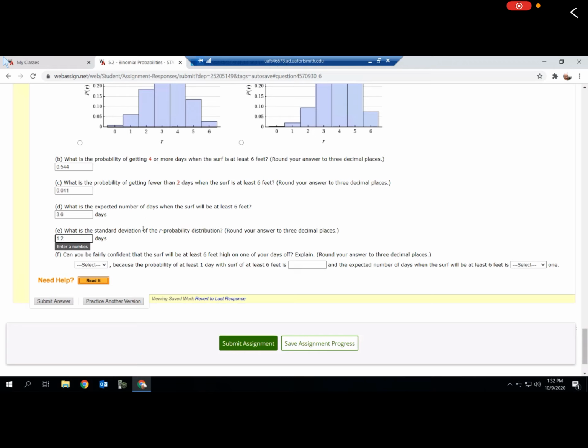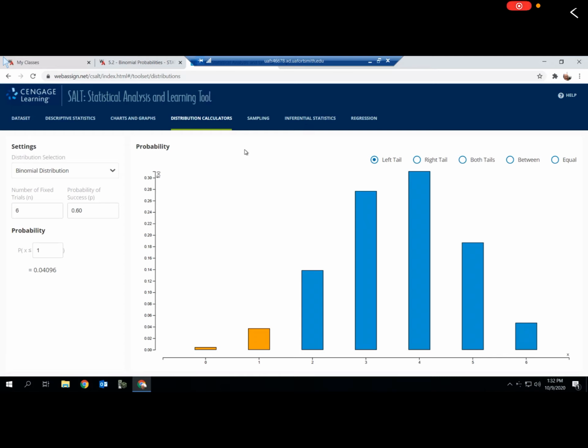And then finally, part F, can you be fairly confident that the surf will be at least 6 feet high on one of your days off? Yes, because the probability of at least one day with a surf of at least 6, so at least 1, would be, yeah, it'd be 1 or more. 0.996.